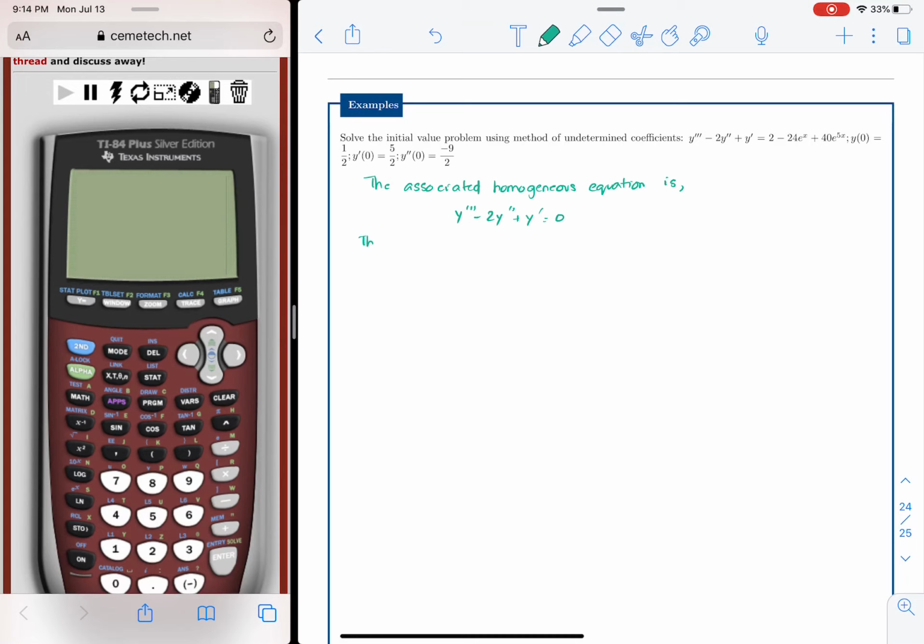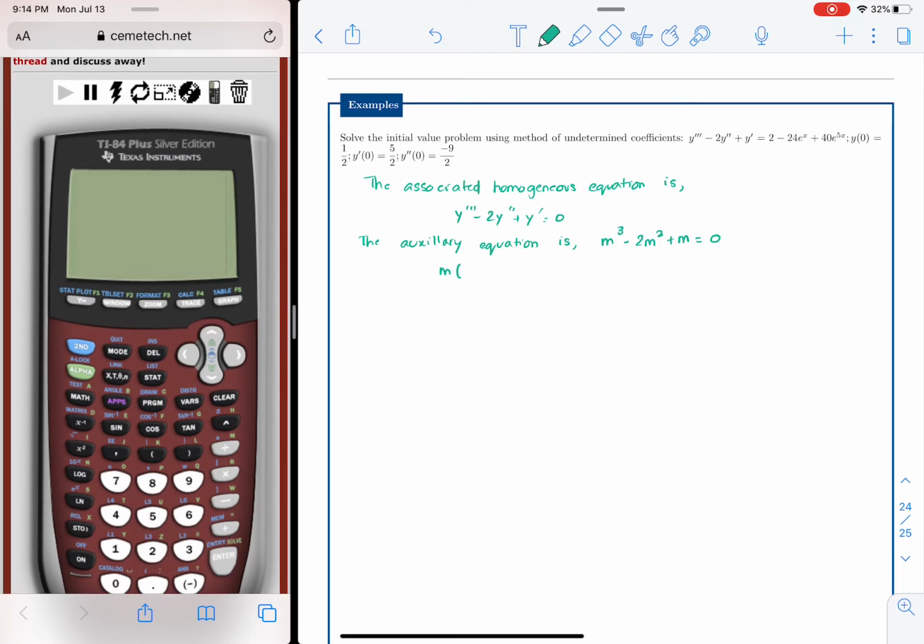So the auxiliary equation is m cubed minus 2m squared plus m equals 0. So we have an m in common.